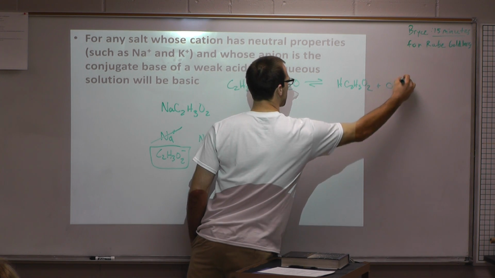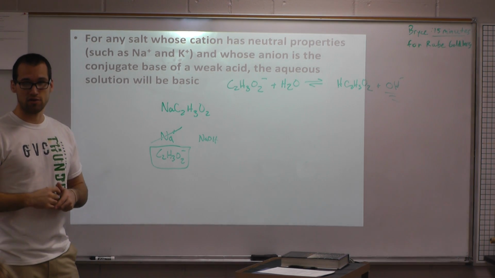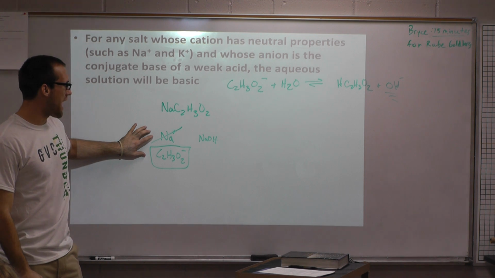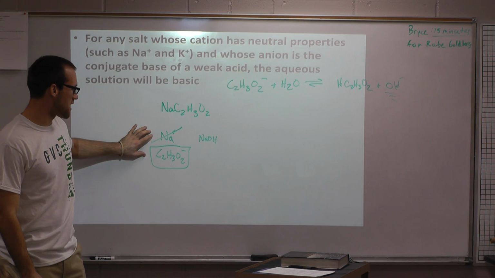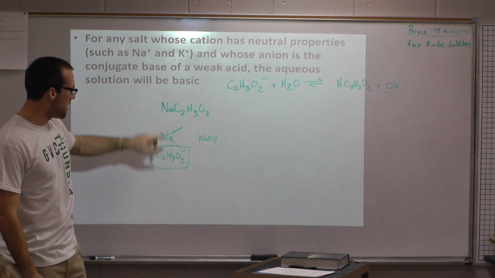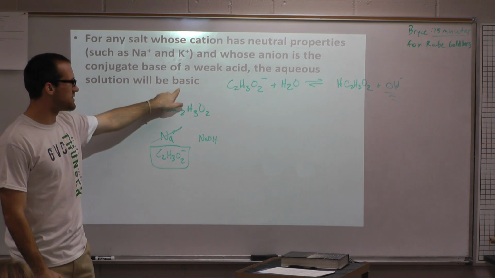And notice what it gives off. So now do you see why, when you have a salt with an ion that is a conjugate of something weak, in this specific example a conjugate of a weak acid, you're going to get a basic solution?